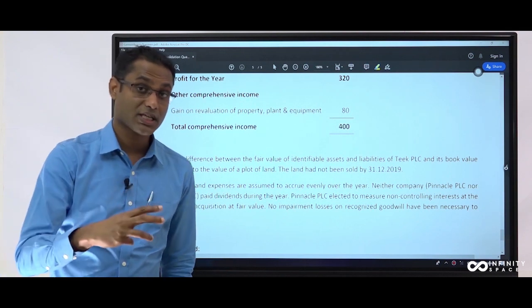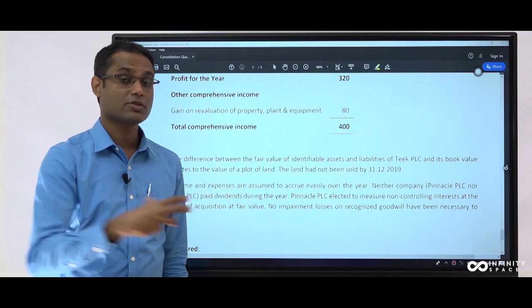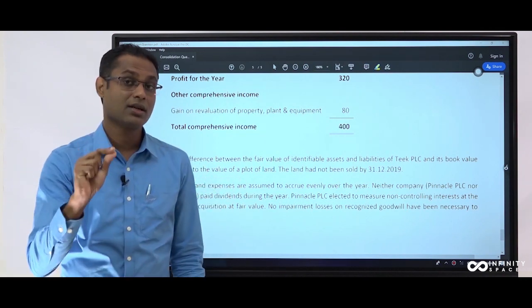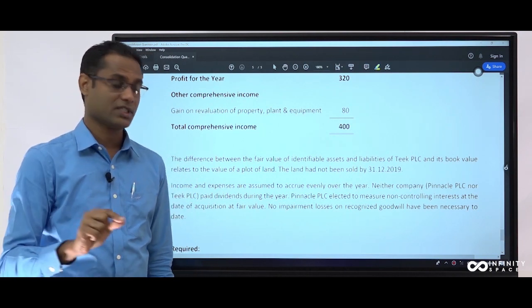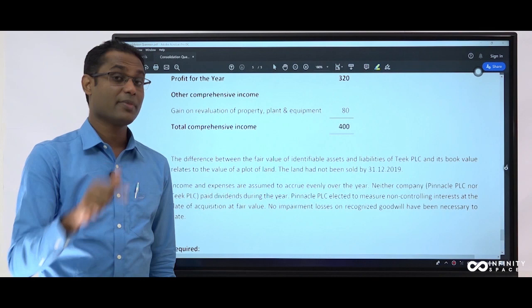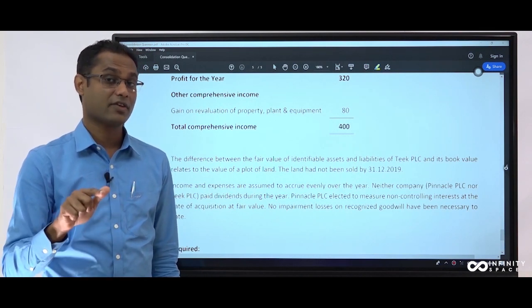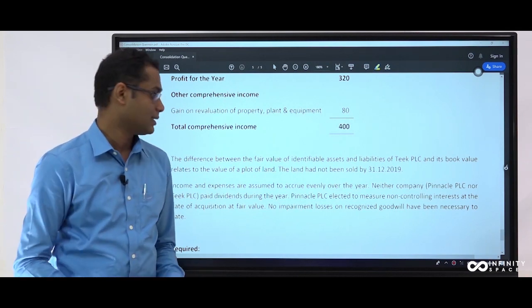If you use the proportionate net asset method, within the goodwill you have only the parent's goodwill. So it is all about how you measure the NCI. Here it's clearly mentioned, measure the NCI by using the fair value of NCI at acquisition. Hope you can remember, you were given the 40% NCI fair value at the date of acquisition, which is on 30th September 2019, earlier.